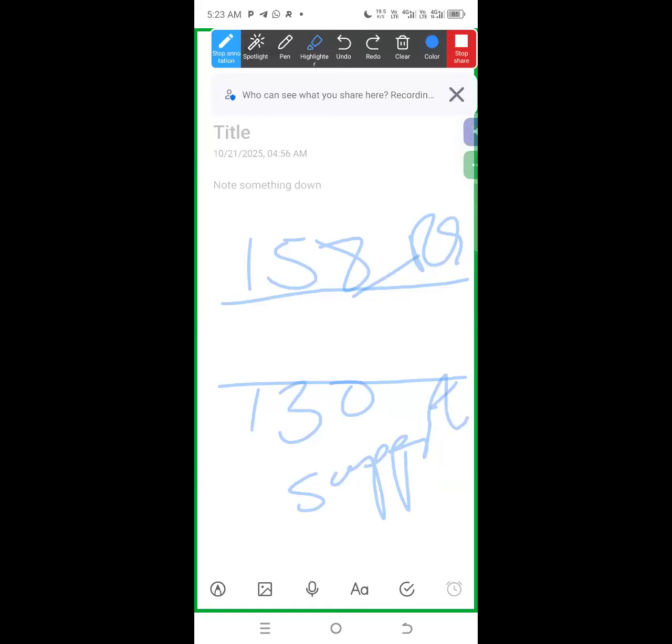So where the price was able to bounce maybe 3 times, it got to 158. Maybe it bounced 2 times, it got to 130. It's simple. So this happens to be my support area, and this happens to be my resistance area.